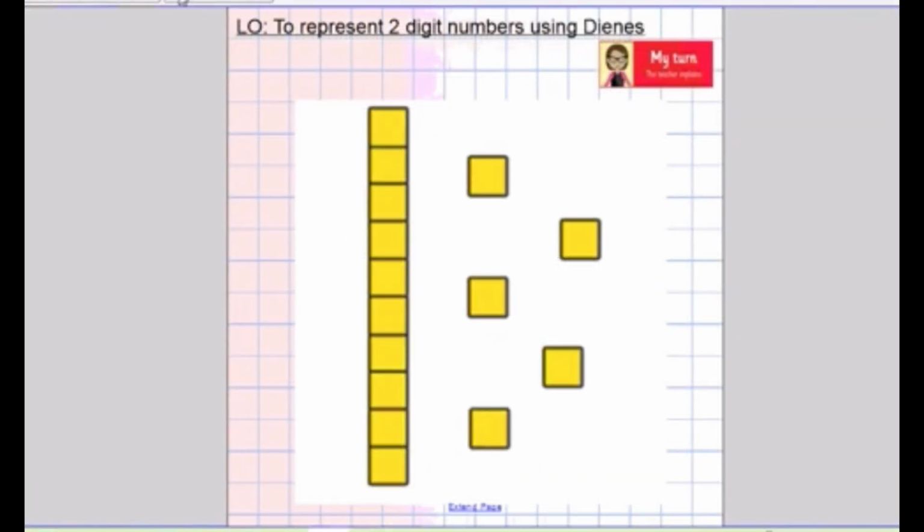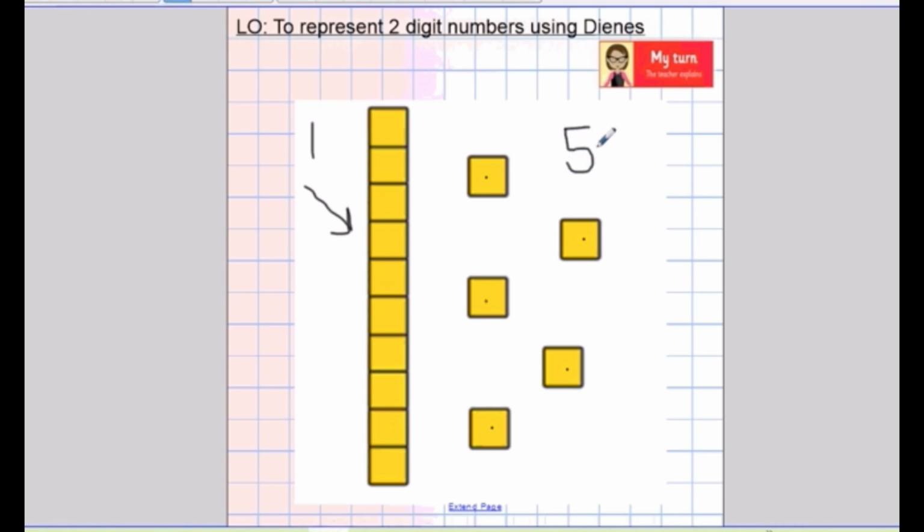So I'm going to model another one for you. So here we have 1 ten. And here, if we count them carefully, 1, 2, 3, 4, 5. Remember my formation for a 5, a hat, a tie, and a big fat belly.